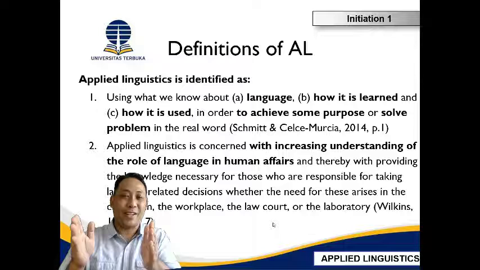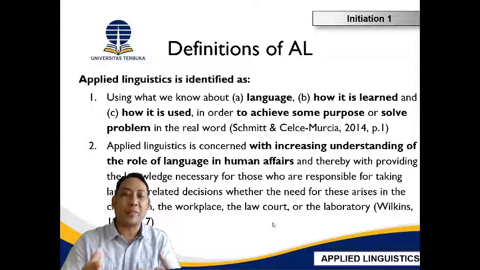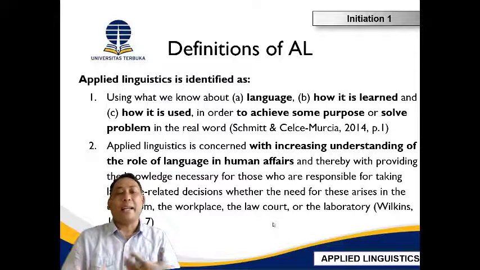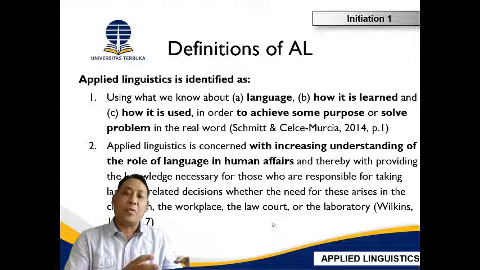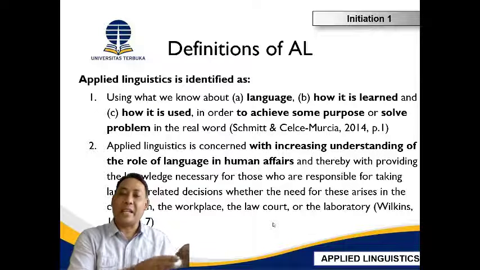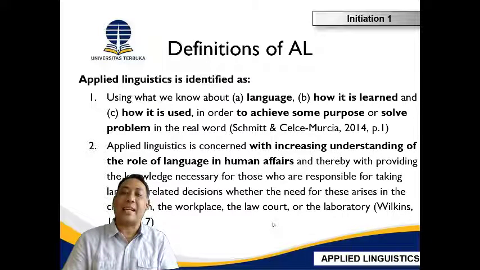So achieve some purpose or solve problems in the real world. This is according to Smith and Salsa-Murcia, quite new, 2014. Applied linguistics is concerned also with the increasing understanding of the role of language in human affairs.